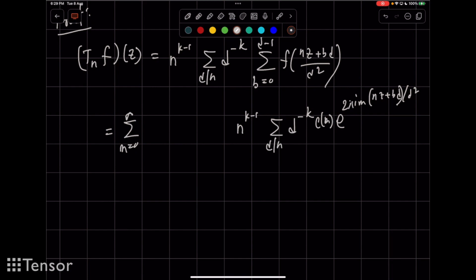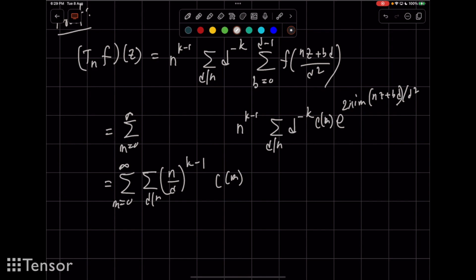That's right. So now what do we do? We take this sum. This is the m sum, and this is the d sum. This is n over d to the power k minus 1. So you have another d term here: c(m) e to the 2 pi i m nz over d squared, times 1 over d, times the b sum.